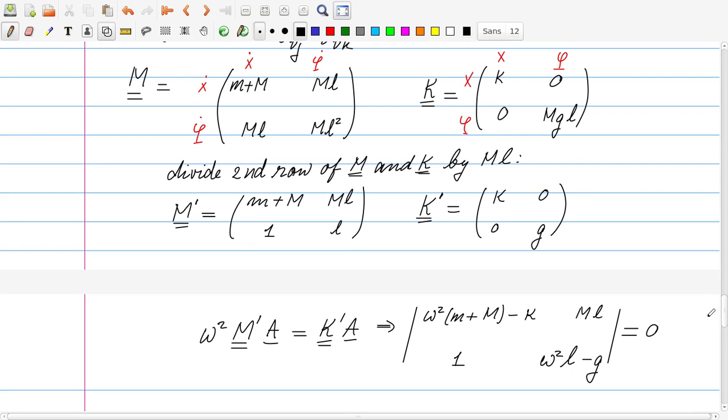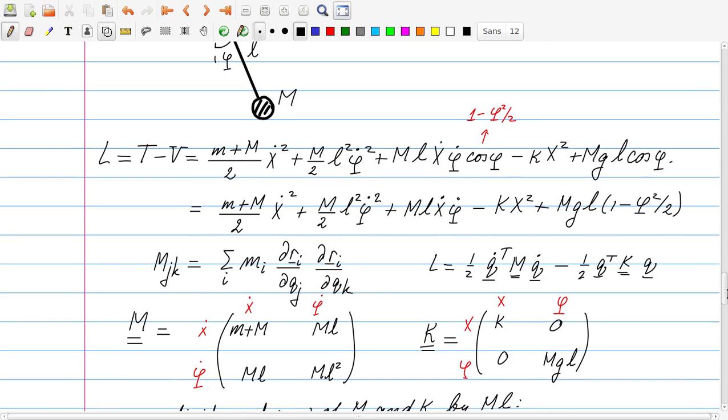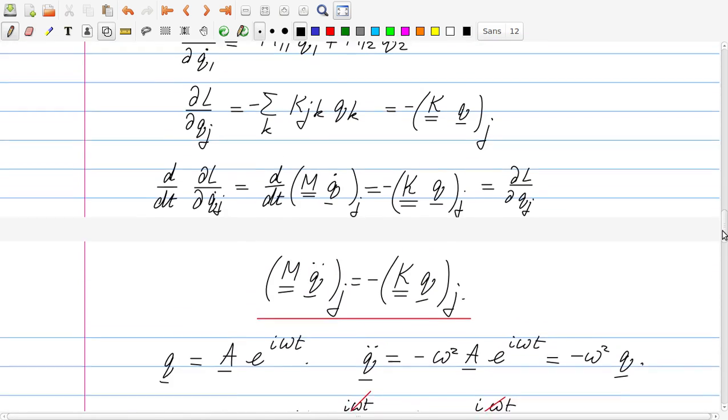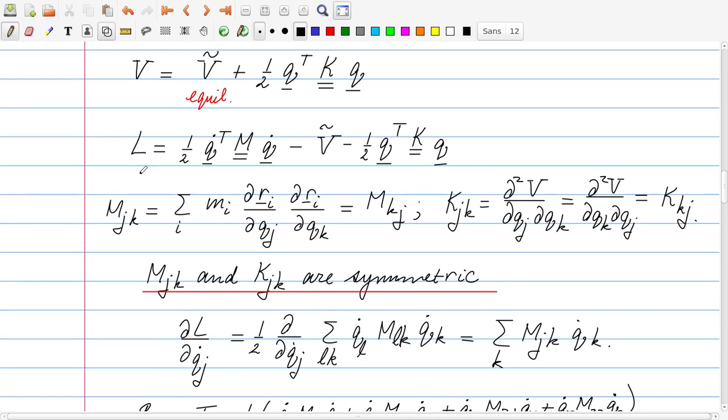So I think in conclusion it is important to note that we have used this expression in particular in order to show that L can always be written in this form which involves the matrices. Yes, this is the form I'm looking for.